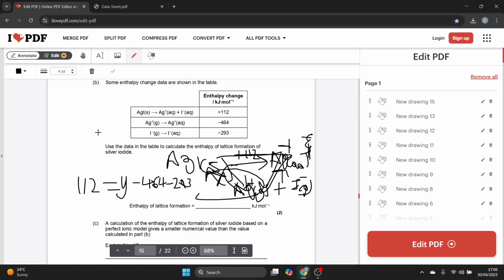Wait, sorry, minus y. Because think about it, guys, that's y, but I don't want that. I want this, right? So I'm going to say 112 equals minus y minus 464 minus 293. And then you get minus 869.